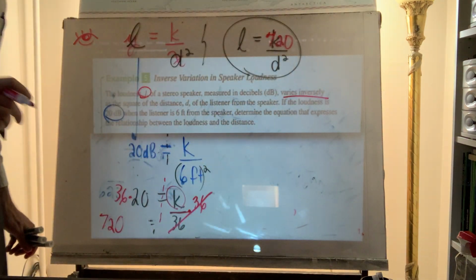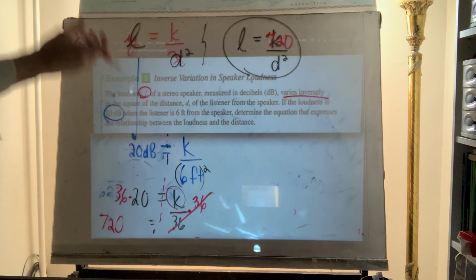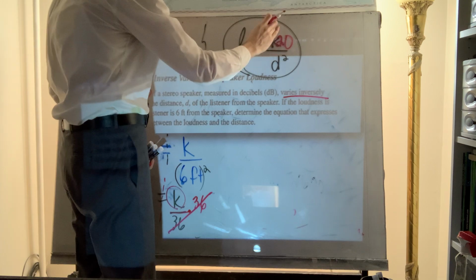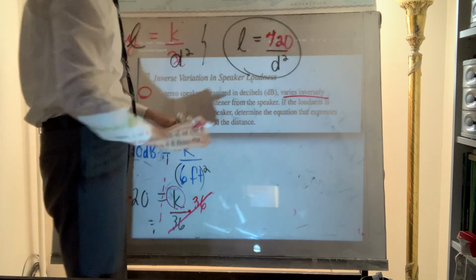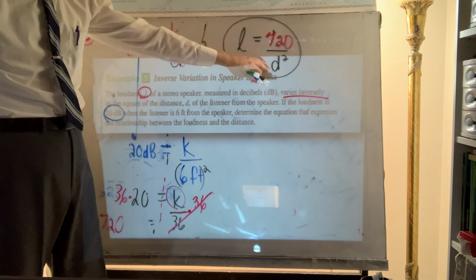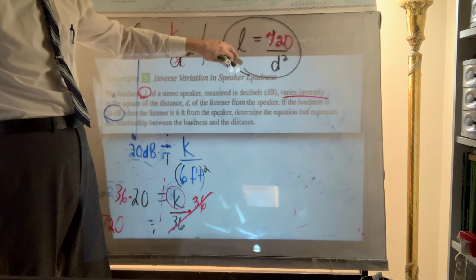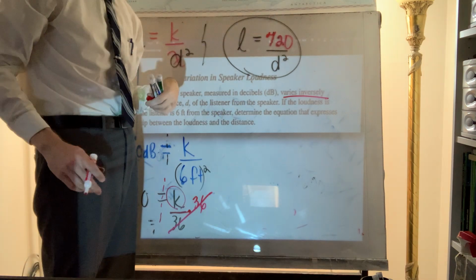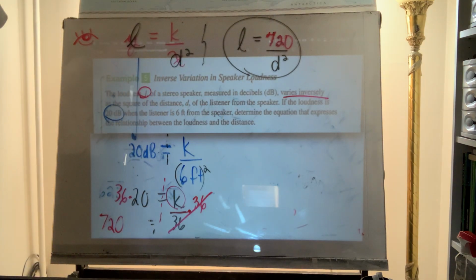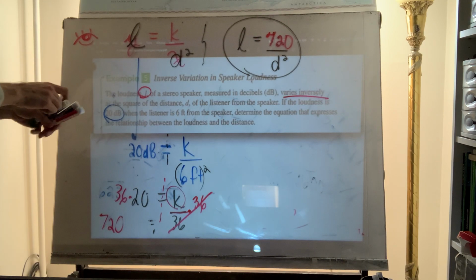All right. This would be the full-fledged equation unique to this problem. Whatever the distance is, whatever the loudness is, this is where the proportionality constant would sit in this case, and it would be 720. Now, if I did include the units, again, you don't have to worry about it too much.